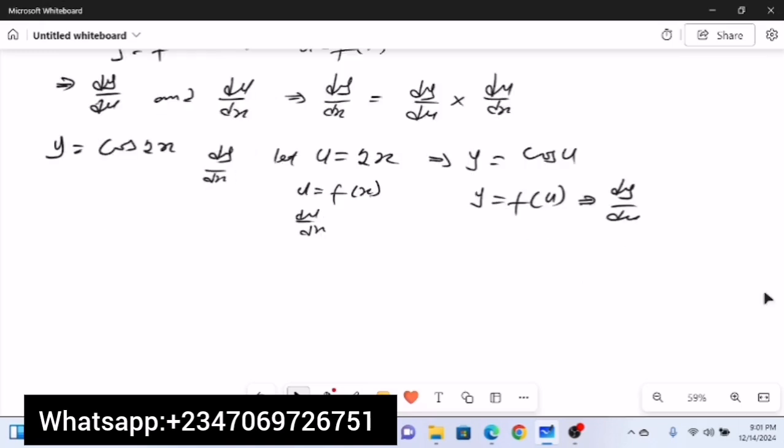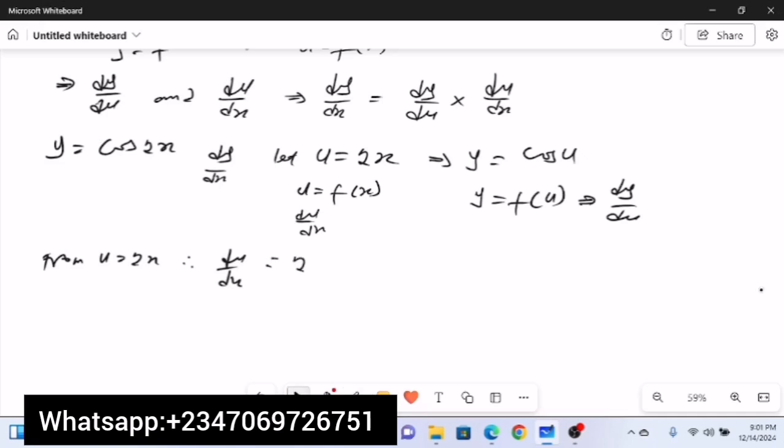Now I have that u is equal to 2x and I need to find du over dx. So from u equals 2x, we simply differentiate u with respect to x. If I differentiate u with respect to x, what will I have? Remember, I'm simply going to have 2.